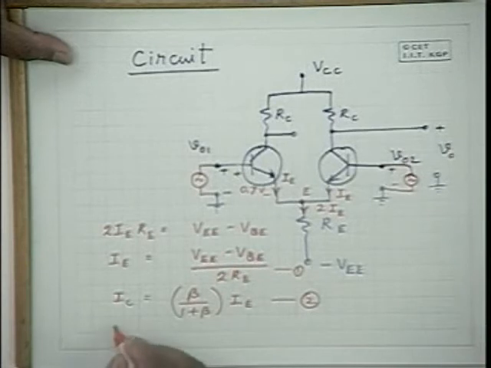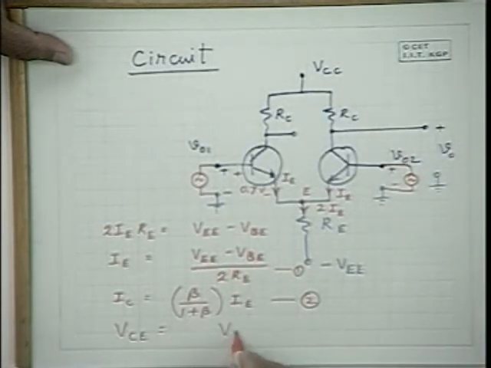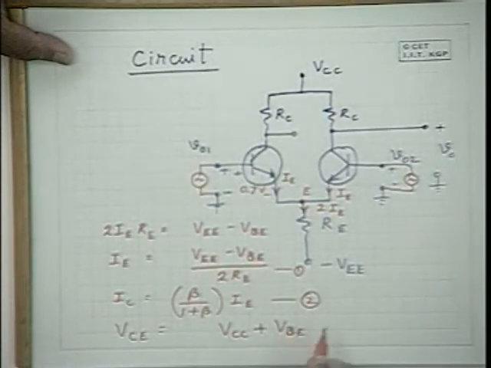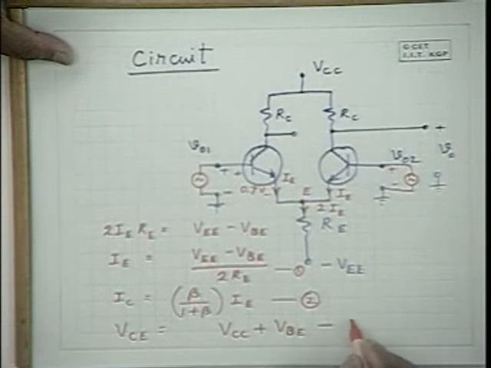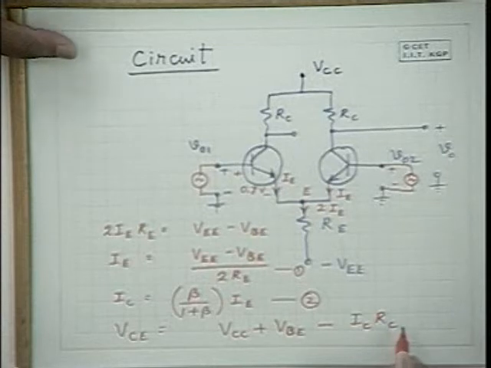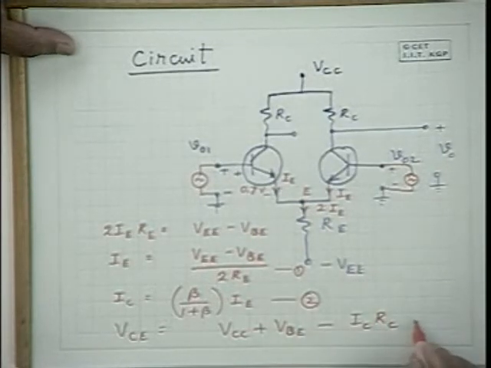Therefore, VCE is equal to VCC plus VBE minus IC into RC. The same VCE is applicable at both the transistors. So this is equation 3.